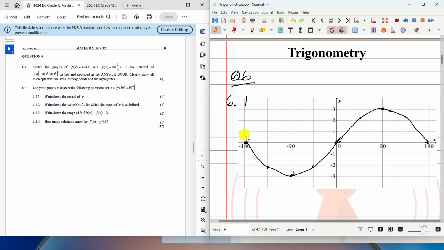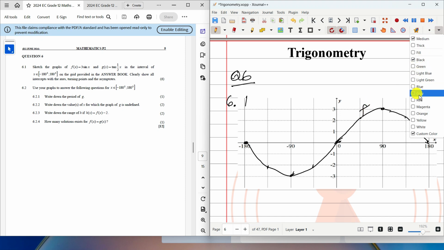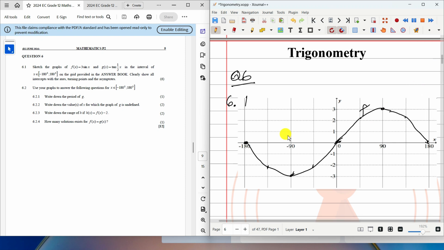But okay. Then let's now look at this. This is f. By the way, I'm gonna change the colors for the g of x. At negative 180 there are asymptotes, so the graph doesn't exist there. The graph doesn't exist even at positive 180.